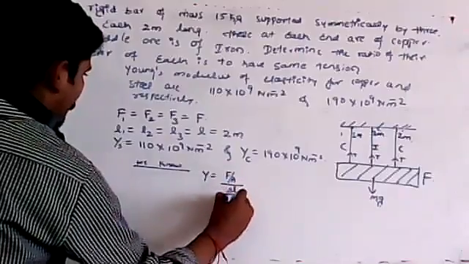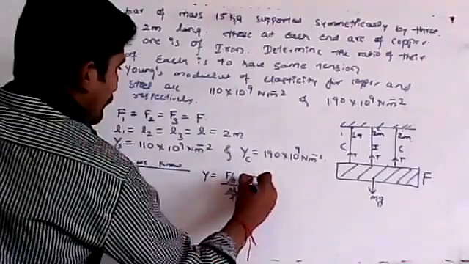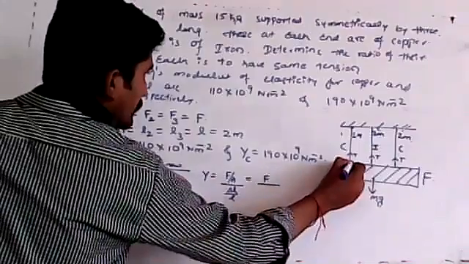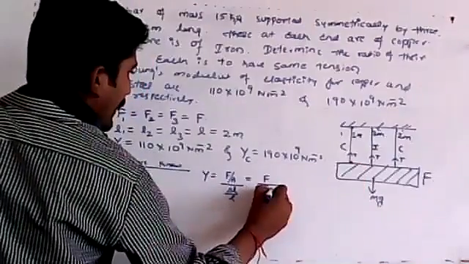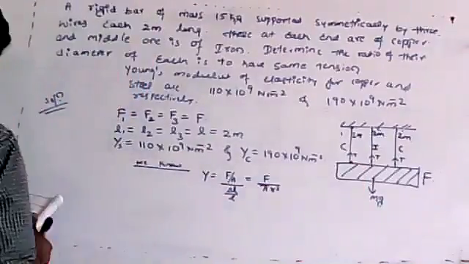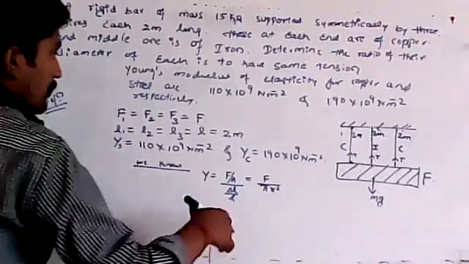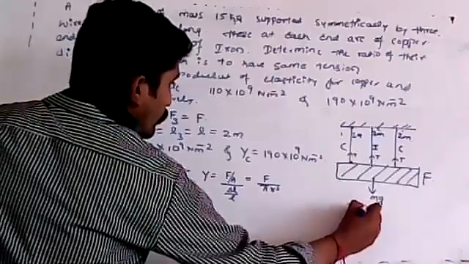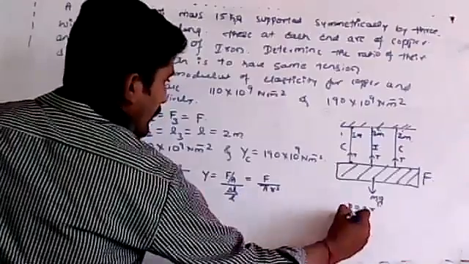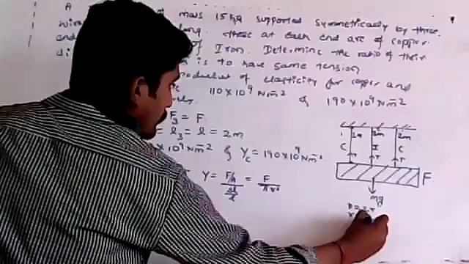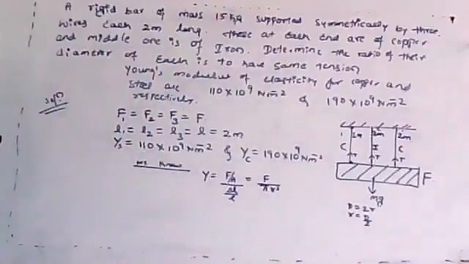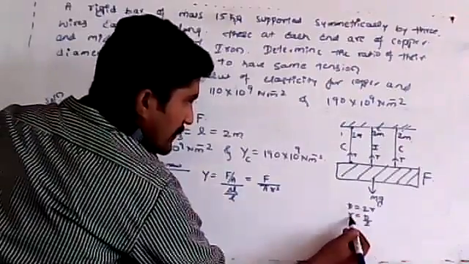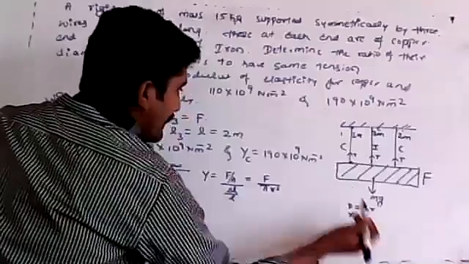Remember, F by A, the area of this wire, is nothing but pi r square. But you can write it later in terms of diameter also. Why? Because we know diameter is 2 times the radius, and radius is D by 2, half of the diameter.